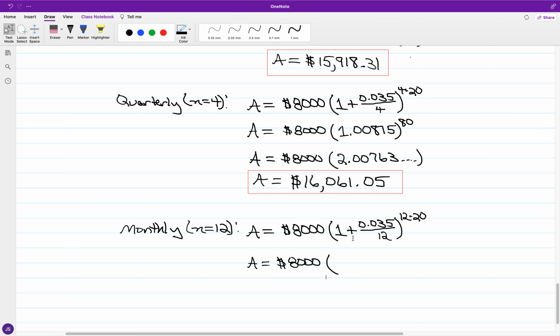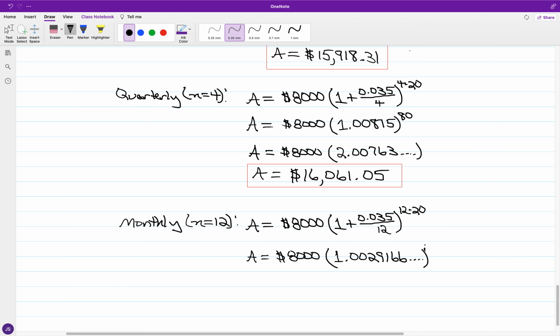If I take 1 plus 0.035 over 12, we're not going to have a terminating decimal. We have like 1.0029166, and this will be to the 240th power.